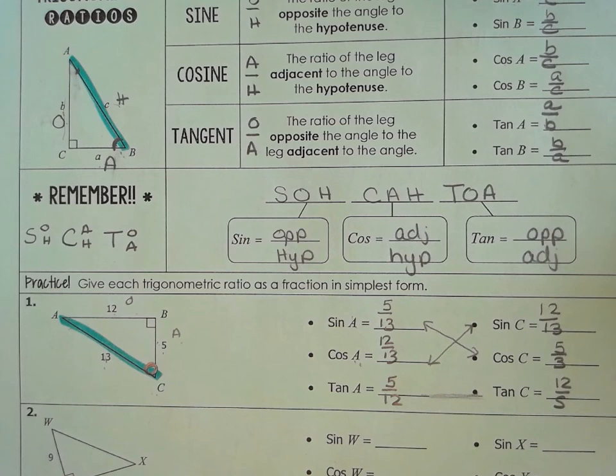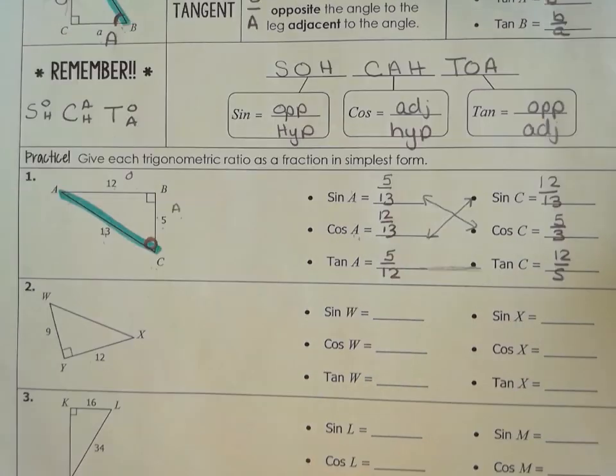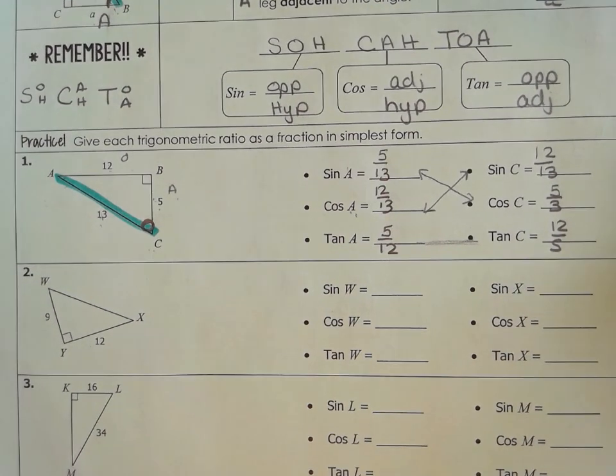So that's just the most basic problem that you guys will have. If we're given at least 2 out of the 3 sides on a right triangle, I can use the Pythagorean theorem to come up with that.